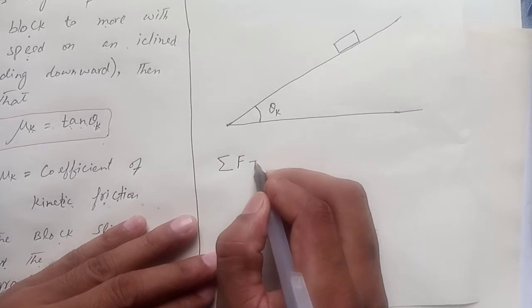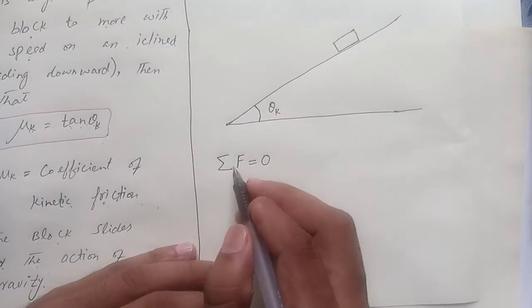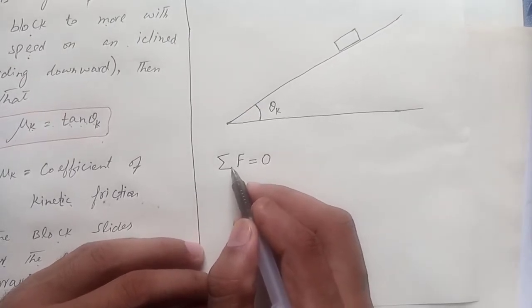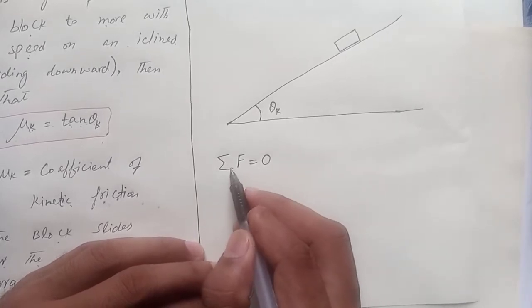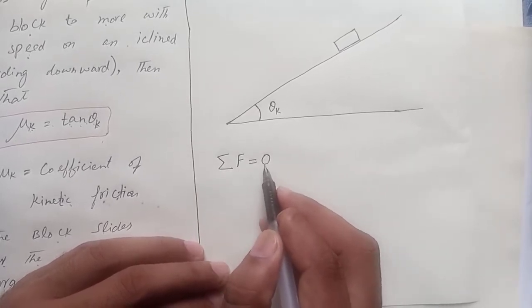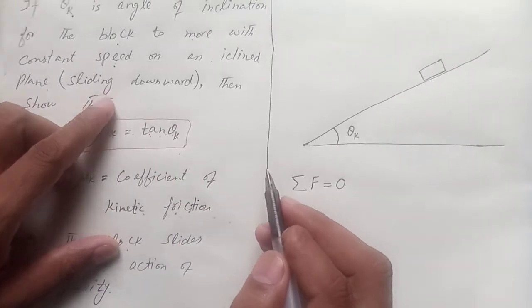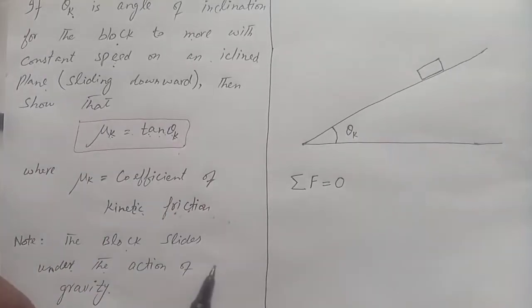The net force acting on the block is zero. We can also say that by the first condition of equilibrium, the sum of all forces acting on the object is zero as the block is moving with constant speed. If the speed is increasing or decreasing, then it means that some kind of net force is acting on the block.